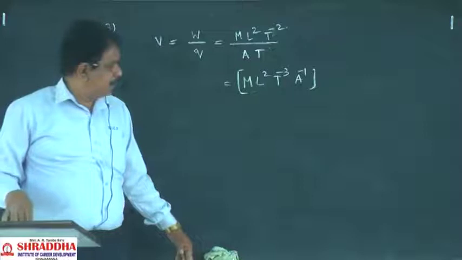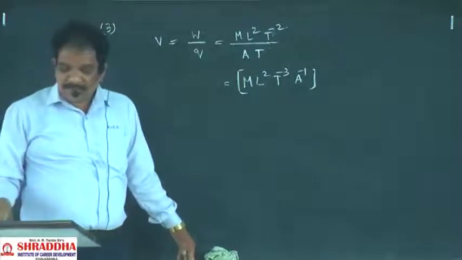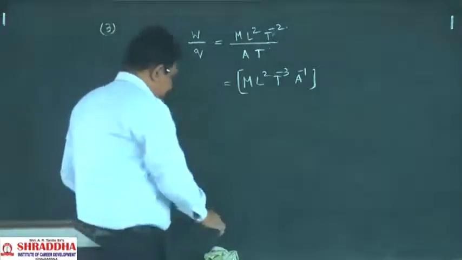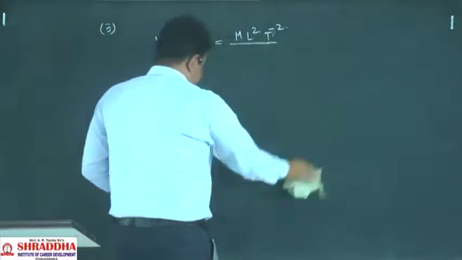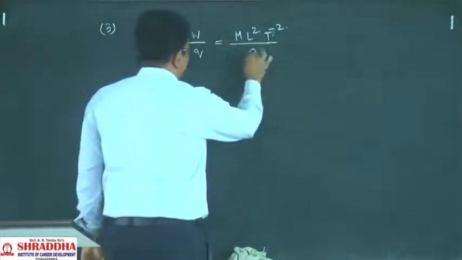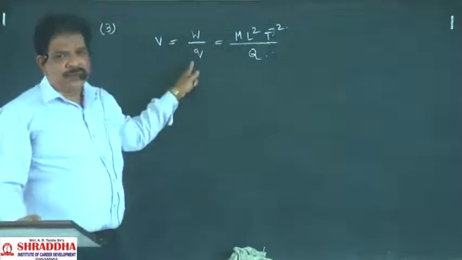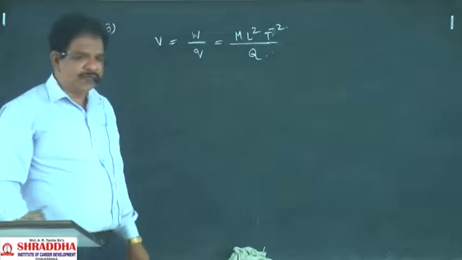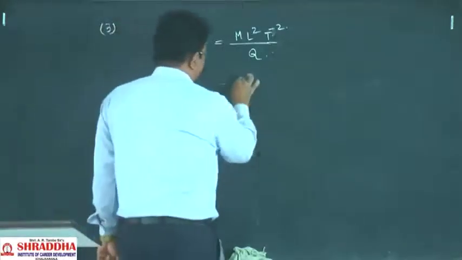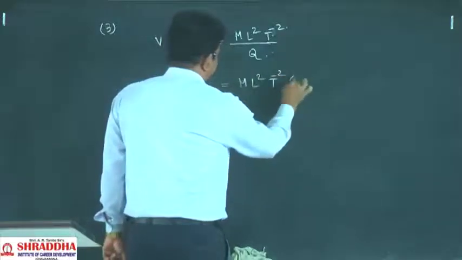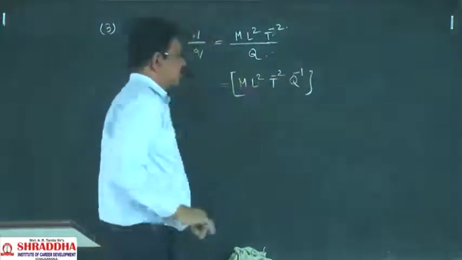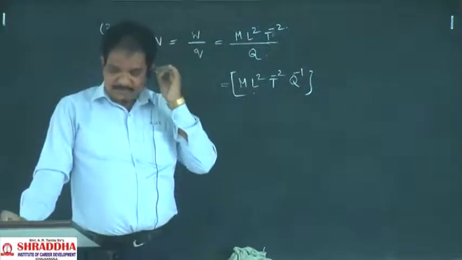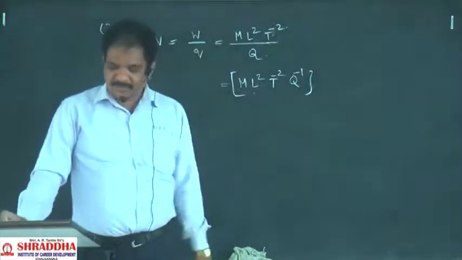Here they are asking in terms of Q, remember, not A. Then you do one thing. Here directly we can write it as Q. Small q, dimensions will be capital Q, like that if we can represent, but that system we are not using now. So ml square T power minus 2, Q power minus 1, that will be the answer here.